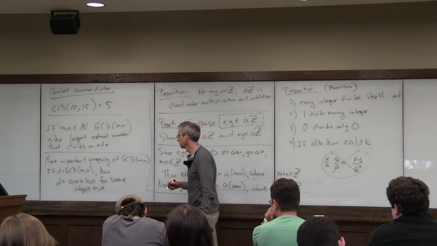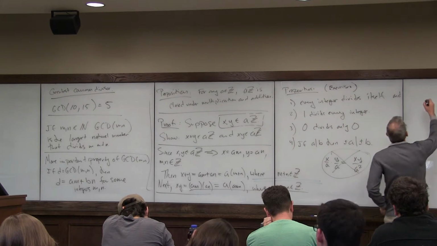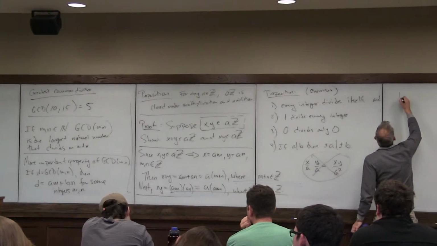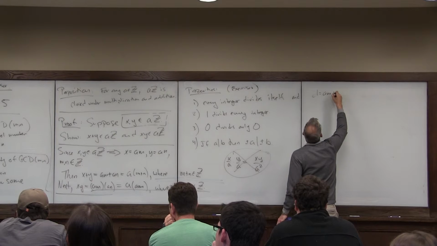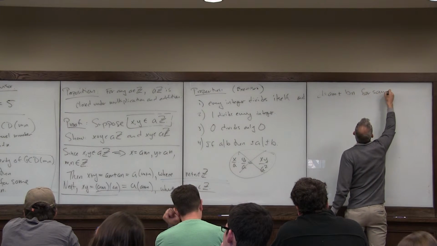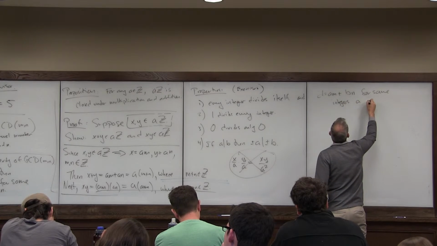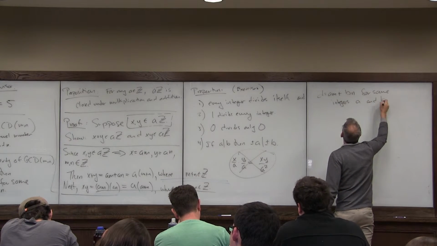So these two things are equivalent. Okay, can everybody see that? No? Okay. So the property is that D equals Am plus Bn for some integers A and B.